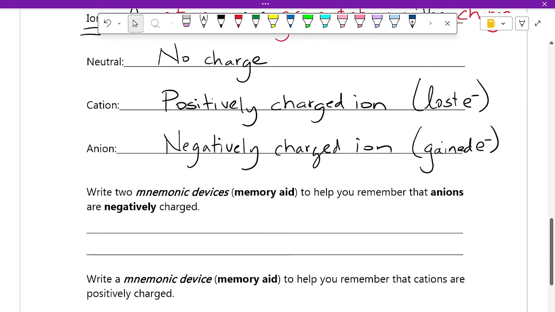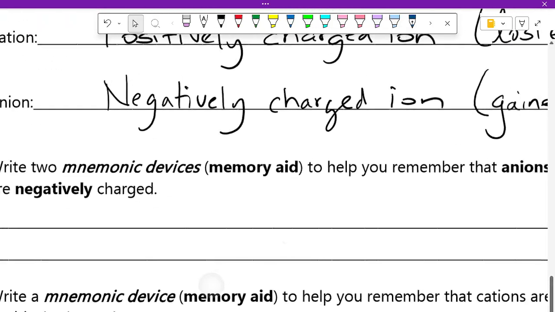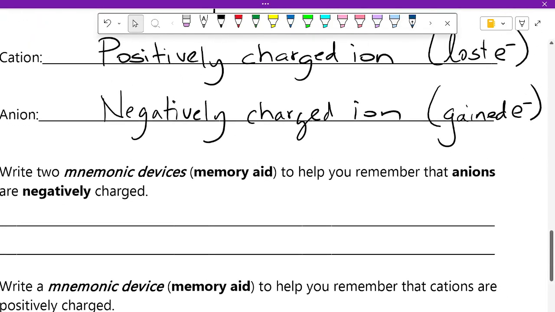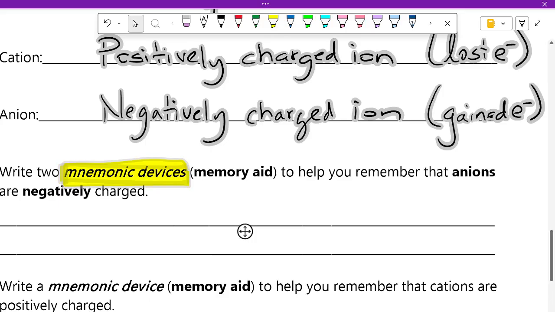Now, you do not need to know the word mnemonic device. However, apparently one of my former students really impressed their psychology teacher because they said, I know what a mnemonic device is. And they asked, where did you learn that? And they said, in science class. And their psychology teacher was really excited because a mnemonic device is a memory aid.